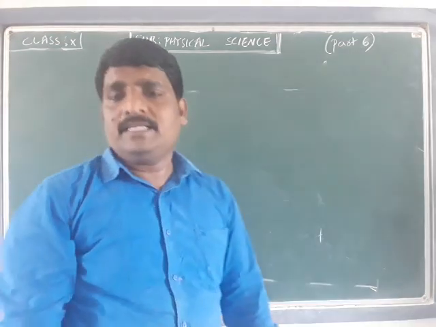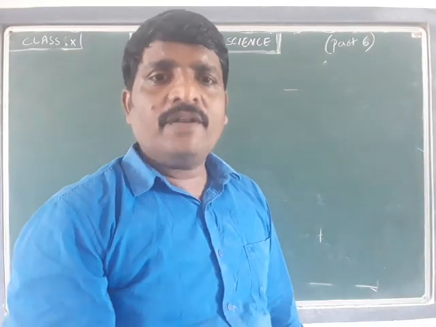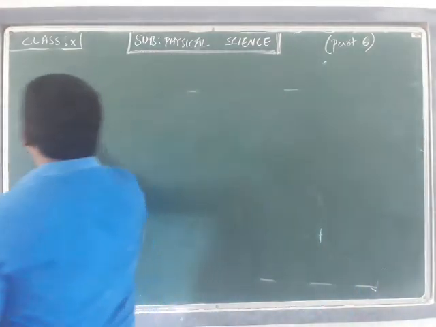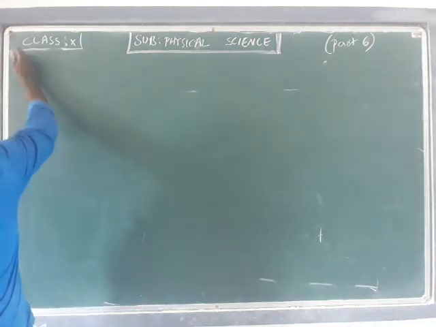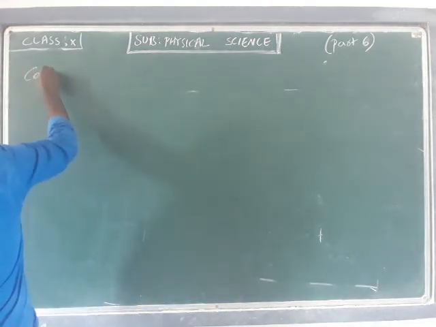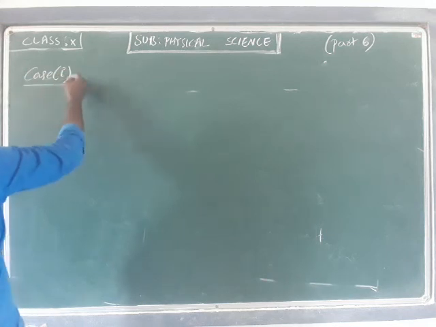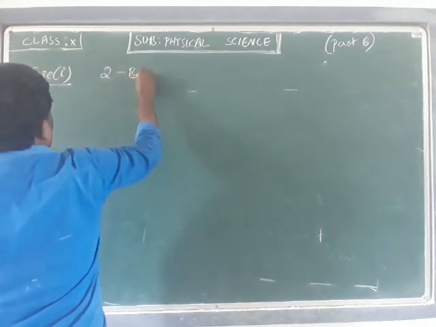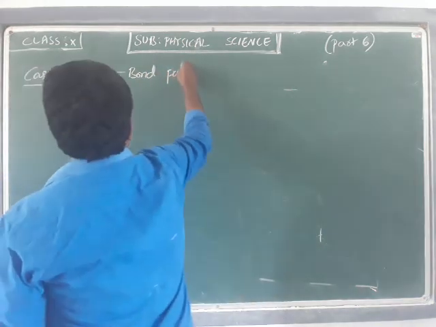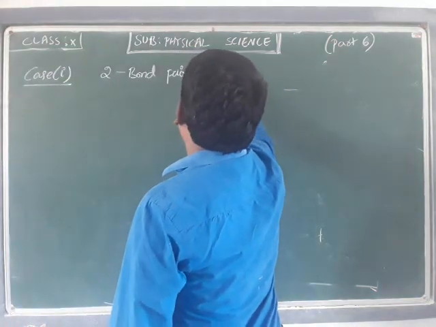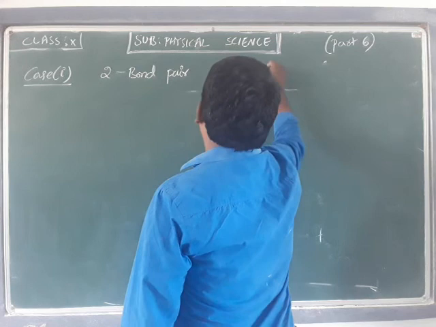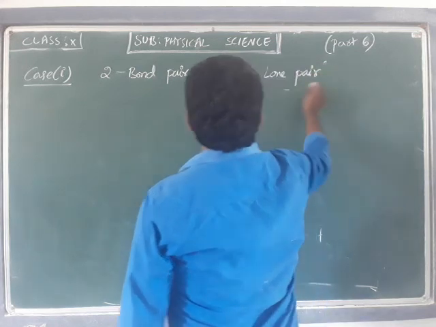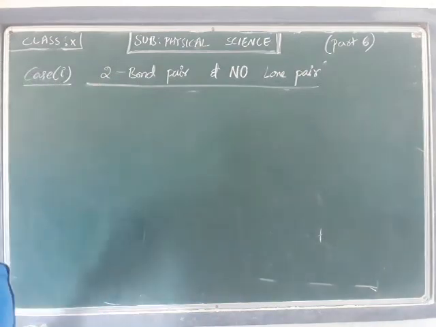Very important discussion we are going into. For example, I am going to take a scenario, case 1. Case 1 is where I have 2 bond pairs and no lone pair.